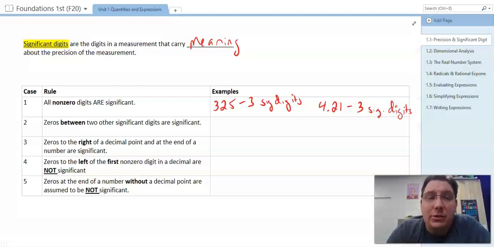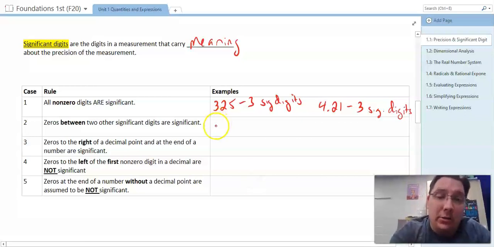Okay? Now, let's talk about case 2. Case 2 says that zeros between 2 other significant digits are significant. Now, some zeros will be significant later on as we look through cases 3 through 5. But in this case, let's look at just ones that have non-zero numbers in between.